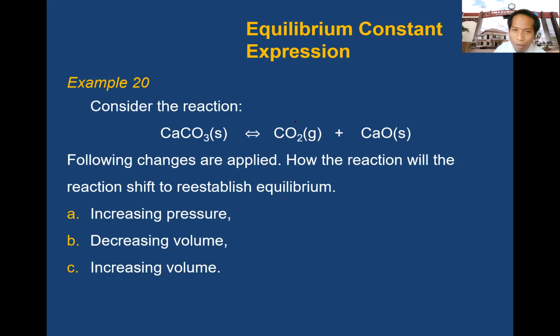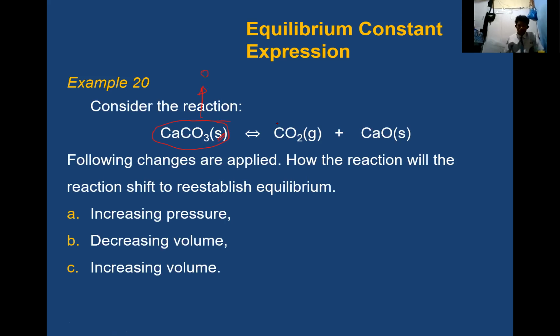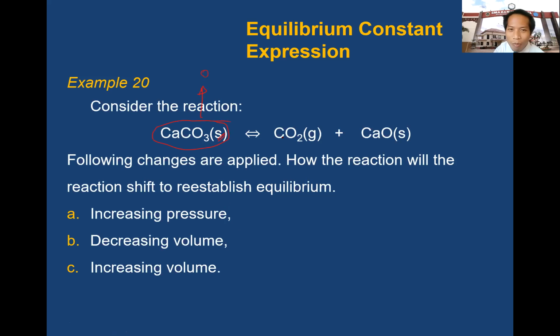All right, now my question is, what is the total mole for this reactant? I'm sorry, it must be 0, because this is solid. Solid will not be accounted for. Solid and liquid will not be calculated. So in the product, we have only 1.